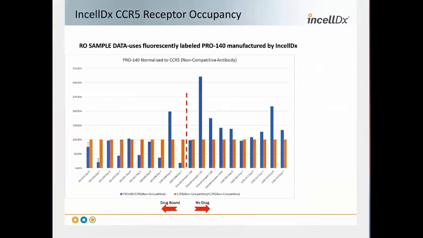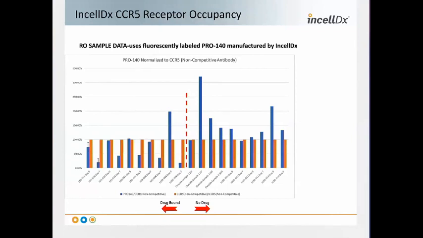And in fact, BioLegend helped us label CCR5 in such a way that it had a 1-to-1 F to P ratio. In other words, we knew one fluorochrome equaled one receptor.